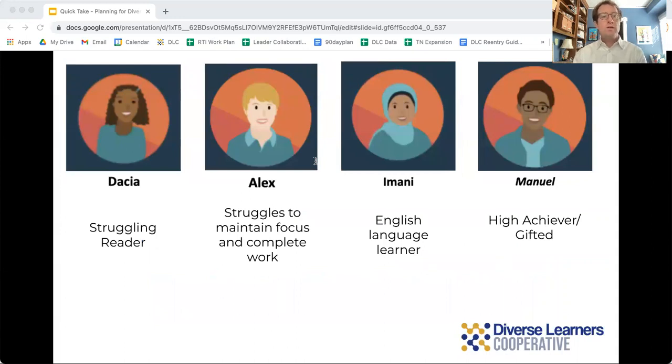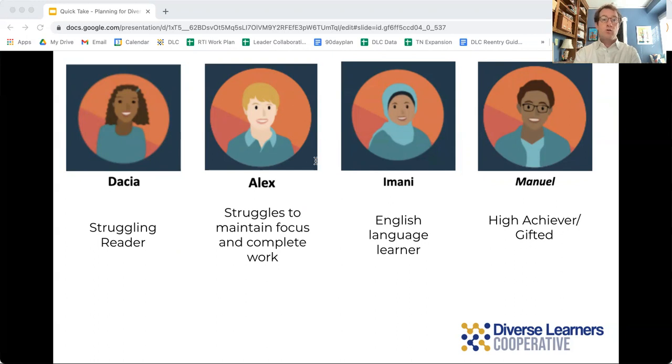What we at the Diverse Learners Cooperative have done is develop 4 learner profiles. Essentially, we're asking teachers to get great at planning for 4 students with similar needs, so similar profiles, with the idea that if we get great at these 4, our tier 1, our grade level instruction is going to look very different and meaningfully improve the learning of the majority of students in the class.